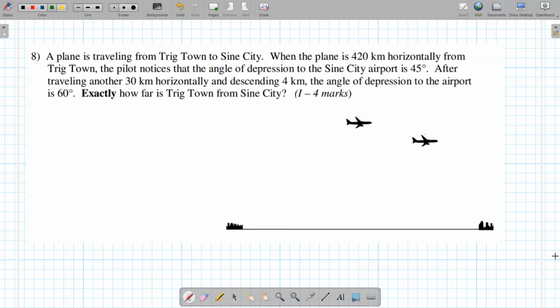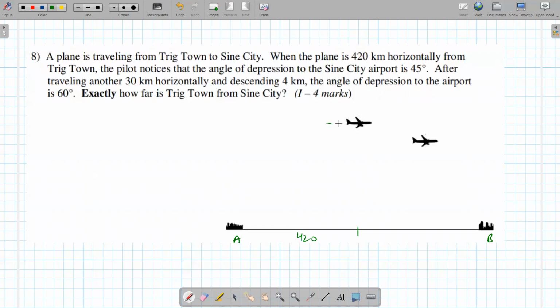So they're asking you to find the distance between A and B. When the plane is 420 kilometers horizontally from Trig town, that means this distance from here to here is 420. The pilot notices that the angle of depression to the Sign City airport is 45 degrees.